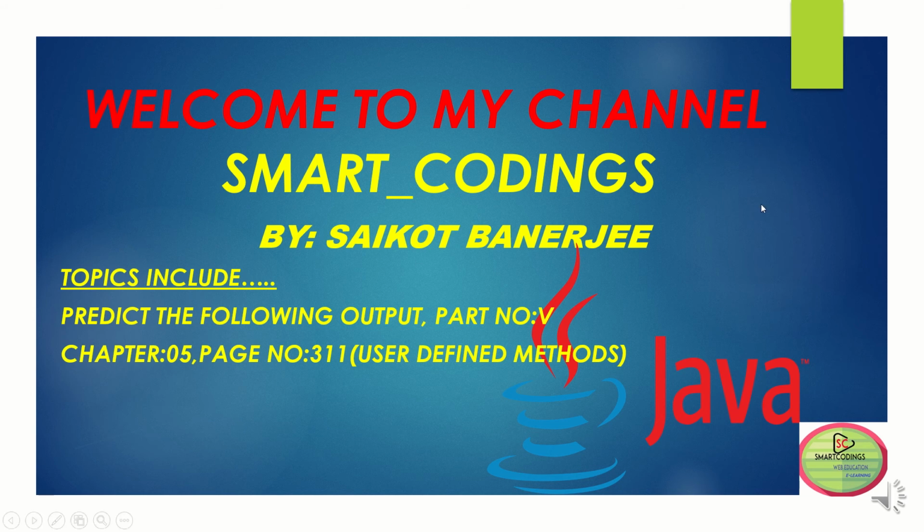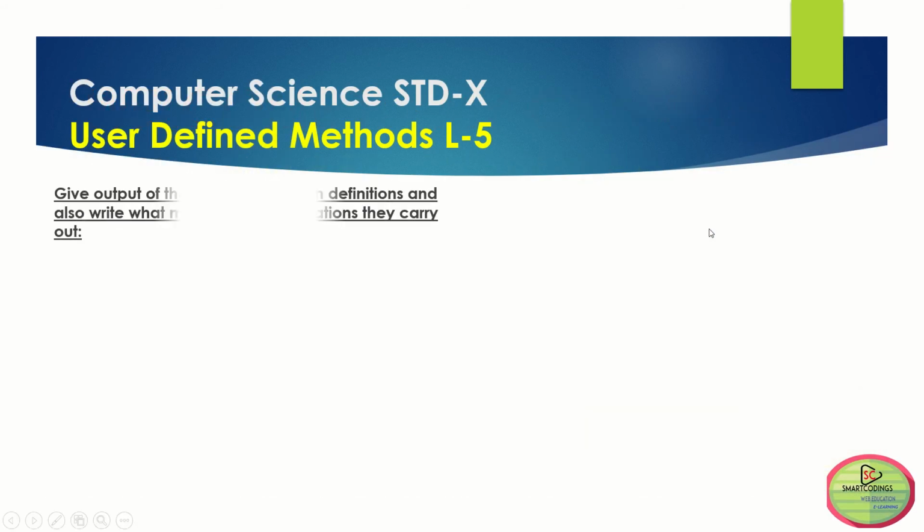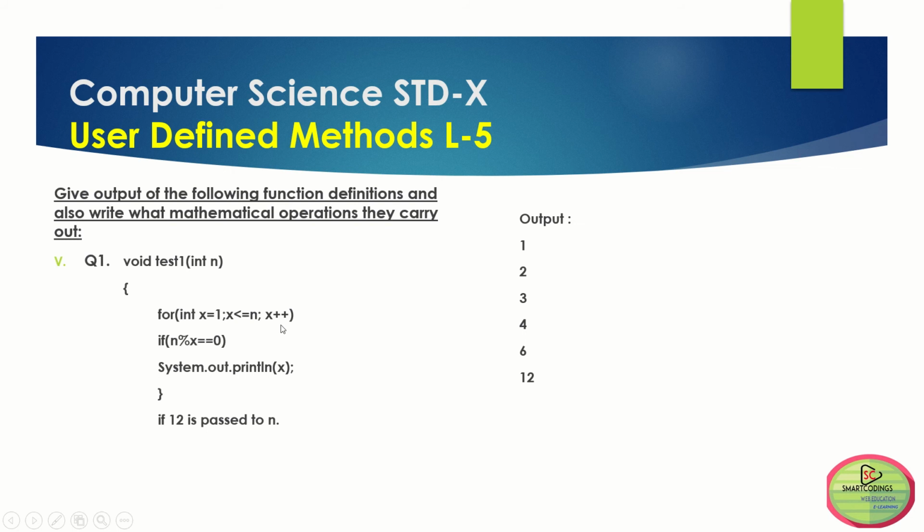So first question was, give the output of the following function definitions, and also write what mathematical operations they carry out. As you can see, students, there is a function defined over here, test1, having one parameter int n. Now x value starts from 1. There's a for loop over here.